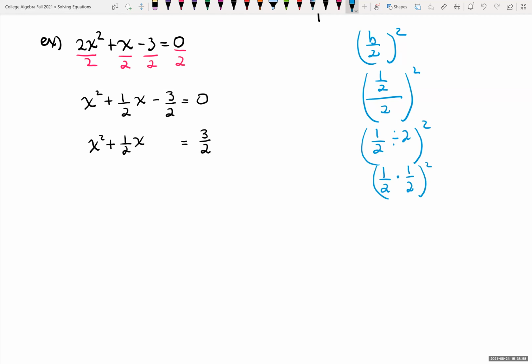So 1/2 times 1/2 gives us 1/4. And then we're squaring that. So we get 1/16. So we're adding 1/16 to both sides of our equation.